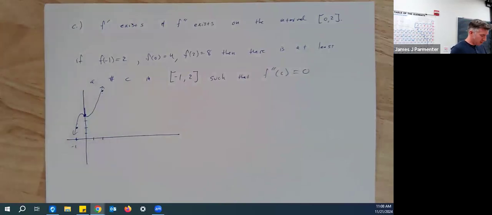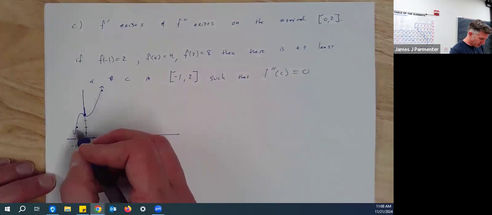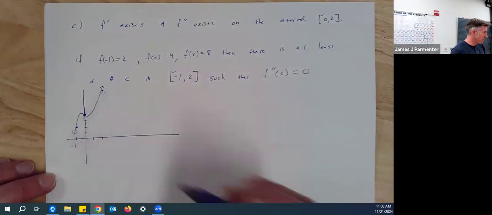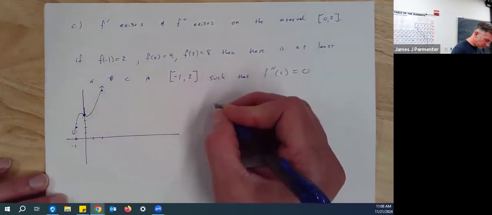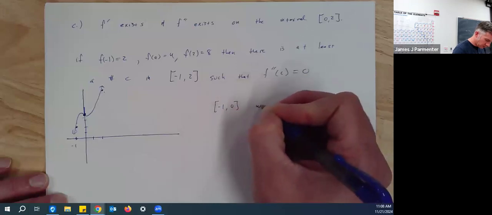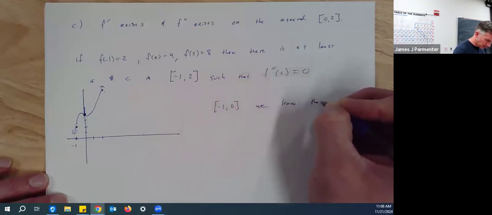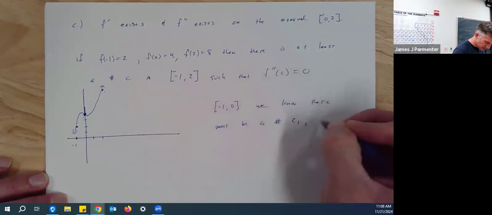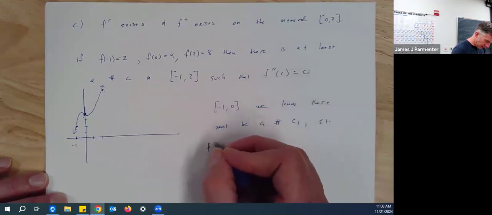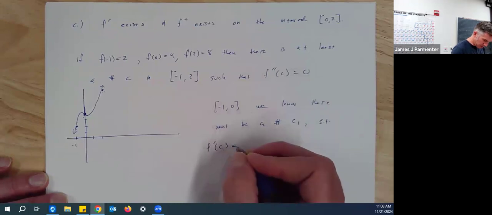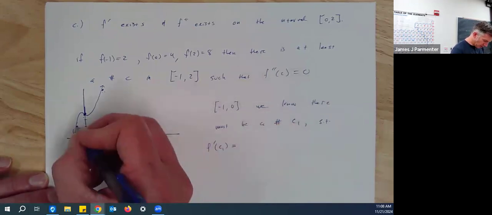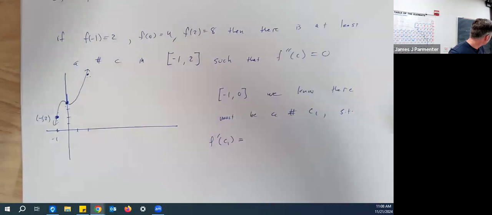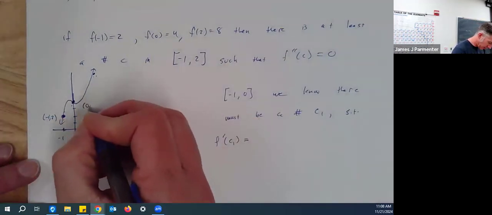Here's what I do know. Somewhere between -1 and 0, the slope has to be whatever the slope of the secant line is, and same deal between the next two points. So looking just between -1 and 0, there must be a number, let's call it C1, such that f prime of C1 is equal to the slope from -1, 2 to 0, 4.